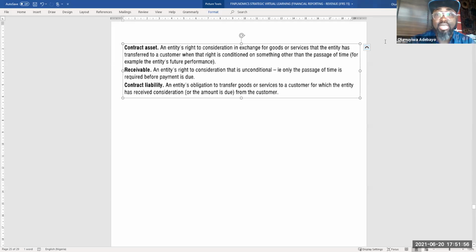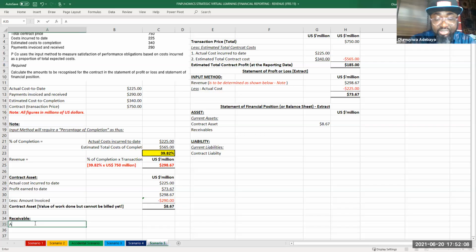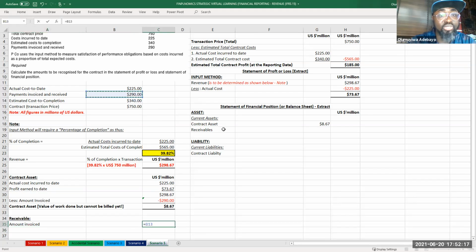Time. And therefore, what is receivable is the amount outstanding from your invoice. Which means, what is the amount invoiced? You invoice what? 290.